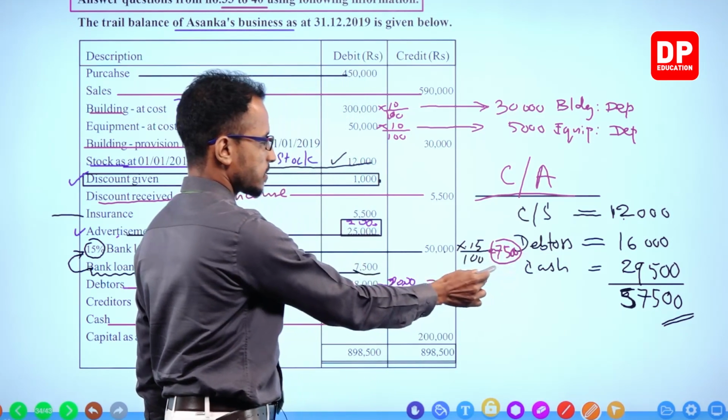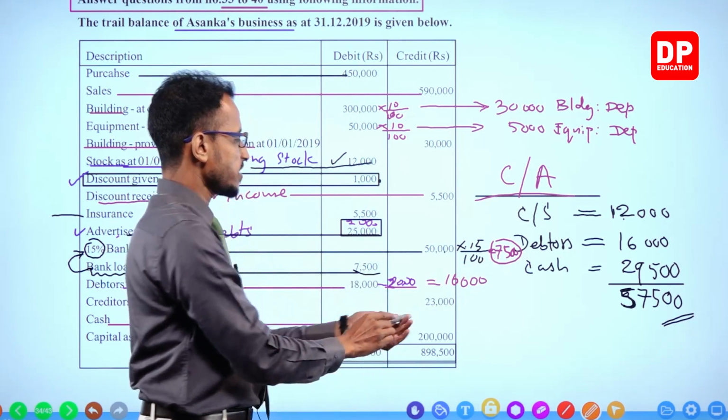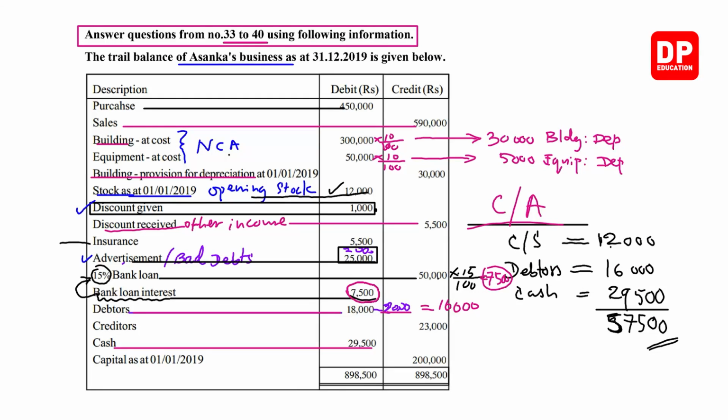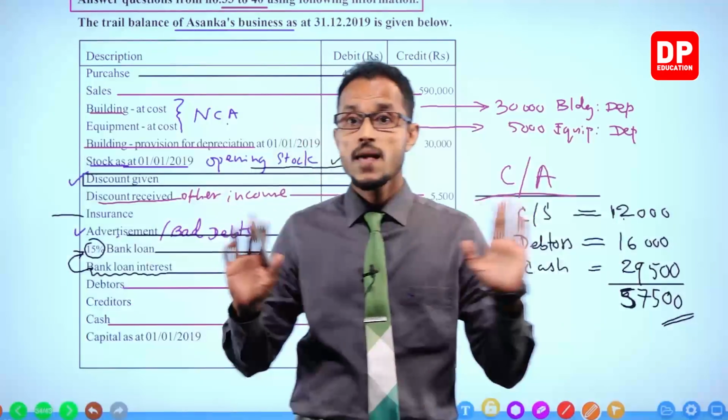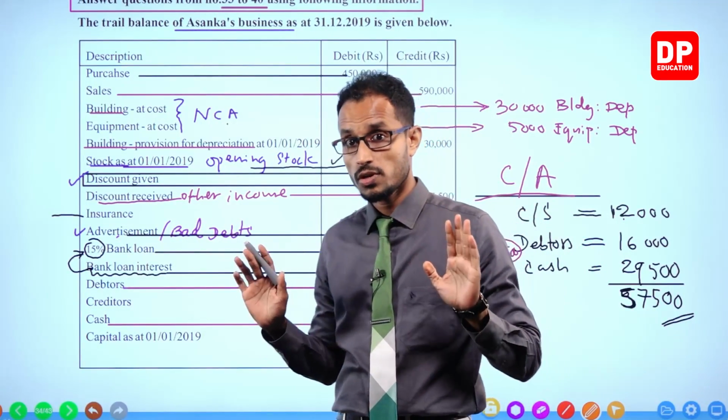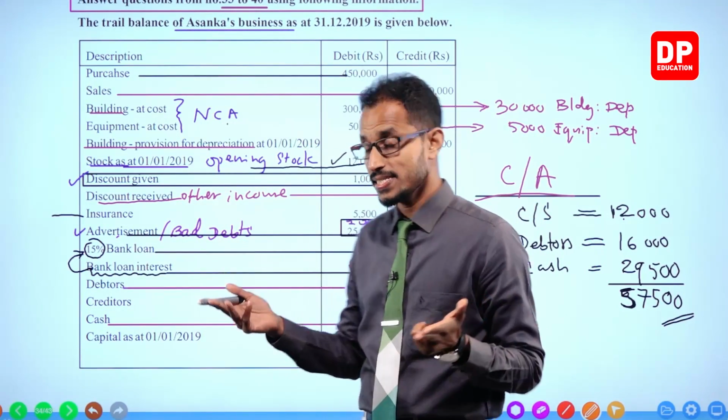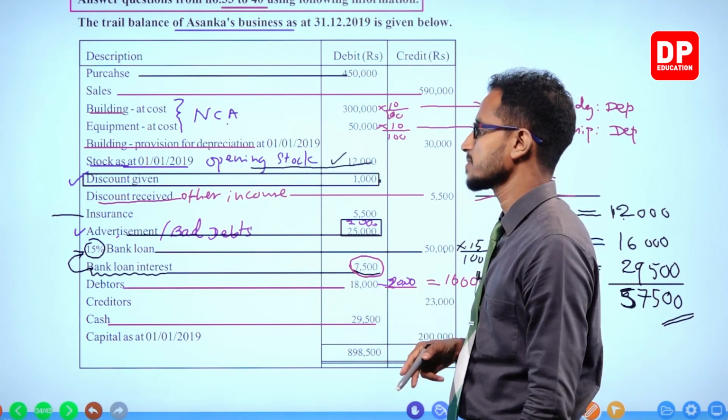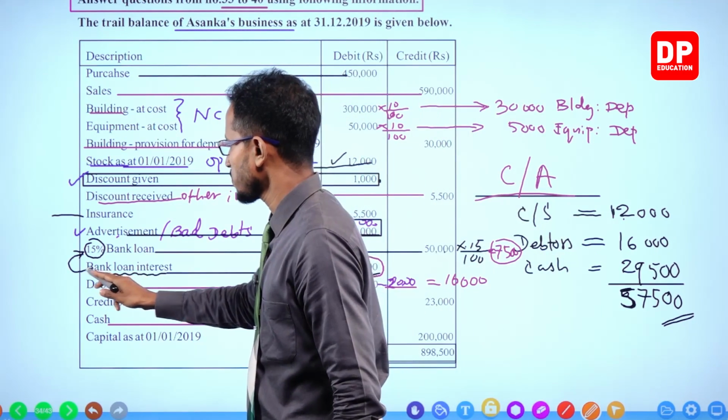And it is correct because 7,500 is actually given here. See, it is given, right? So the total bank loan interest is correctly paid by the business, which means you have to take that too.